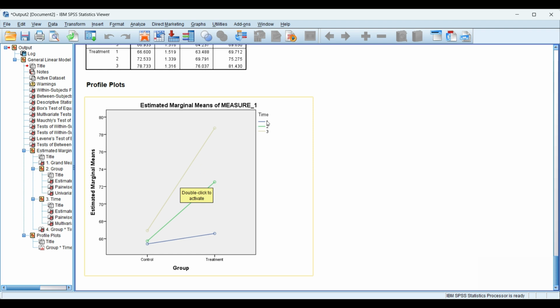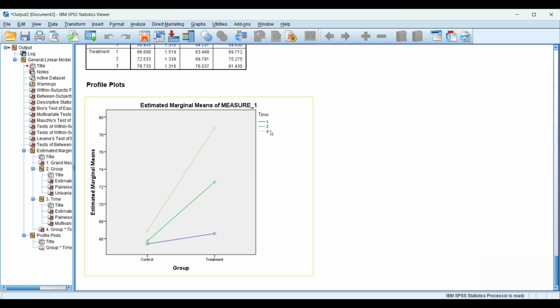Both the control and treatment groups had very similar mean scores, almost the same. So it means the two groups were comparable before the intervention.